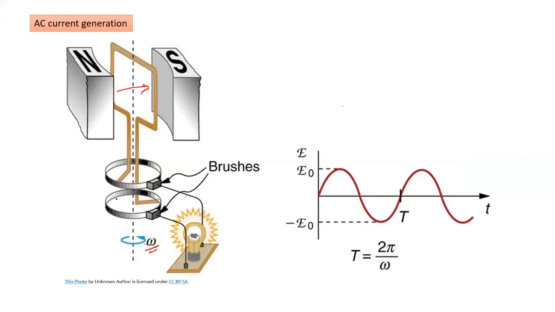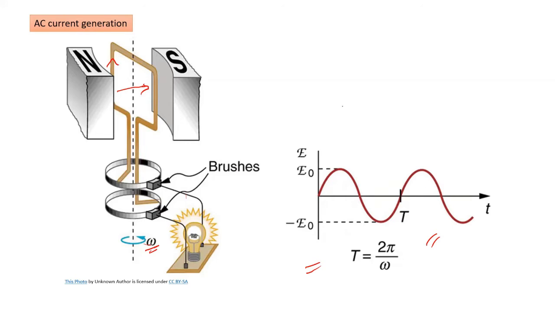So, for half of the cycle, it will have current in one direction, and for the remaining half of the cycle, the current will be reversed in the coil. So, the output will be an alternating current with increasing and decreasing values. Okay, so this is the principle of generating an alternating current. The principle is basically electromagnetic induction, where current is generated by moving a coil in a magnetic field.